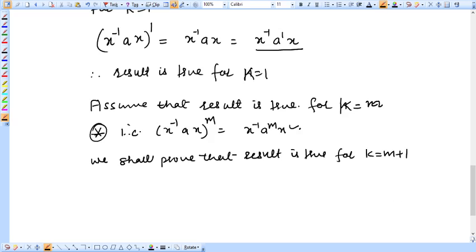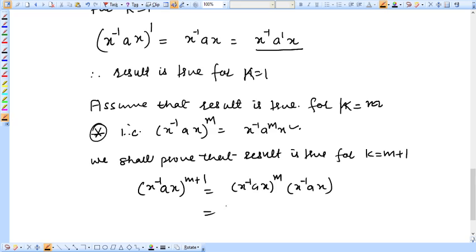So now you see, x inverse a x to the power m plus 1 can be written as x inverse a x to the power m into x inverse a x, right? Using this result, it is equal to x inverse a to the power m x into x inverse a x. Now clubbing these two terms, we get identity into a.